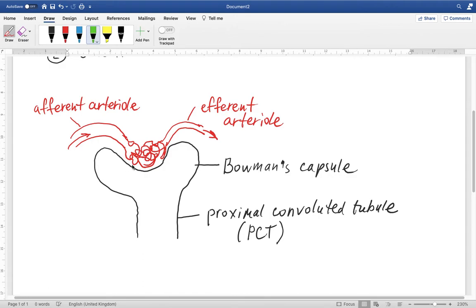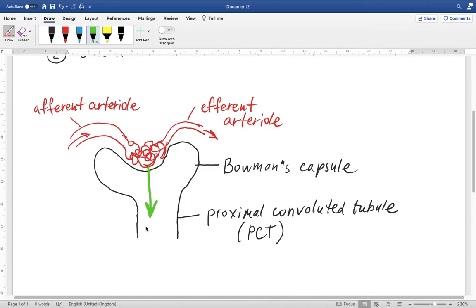Any smaller molecules which were inside those capillaries are going to come out of a capillary and end up here inside Bowman's capsule, and they're going to start traveling down into the proximal convoluted tubule.